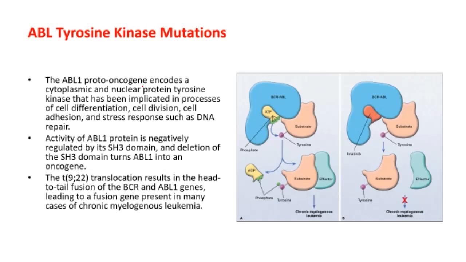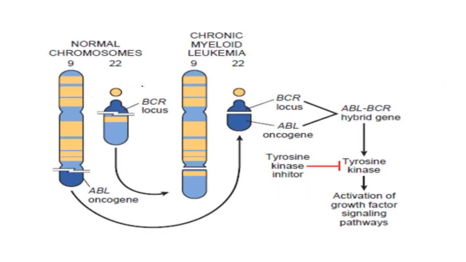So the constraint on ABL is removed by translocation of the ABL gene from chromosome 9 to chromosome 22. This will lead to overactivity of ABL, and that leads to the formation of cancer. As told, normally the ABL gene is present on the 9th chromosome, where it is controlled by the SH3 domain.